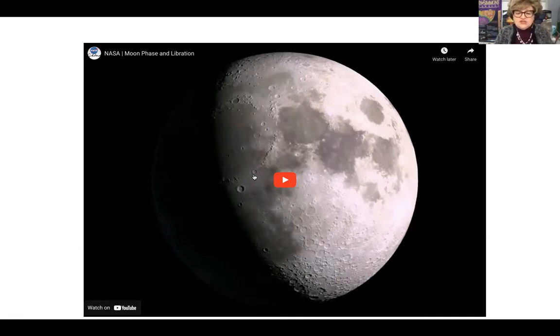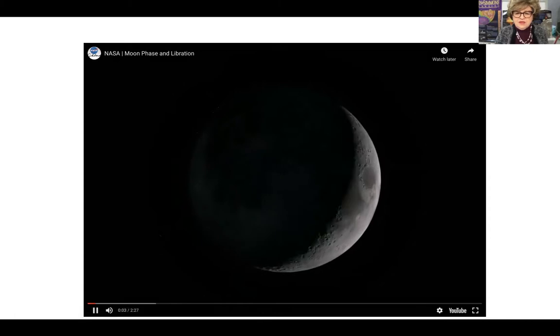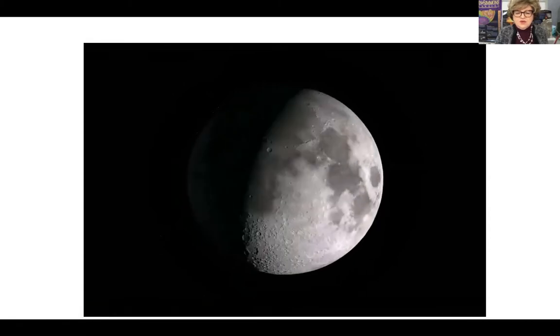So watch this. Right now, we see the dark side is over here on the left. So this is going to be a waxing gibbous that you got right in front of you. And in just 1 or 2 seconds, it's going to be a full moon. So watch this. Okay, there we go.